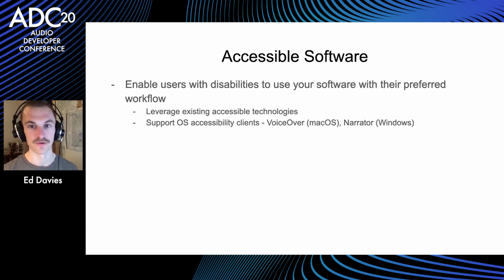They give audible feedback to help the user navigate, read out control UI properties, and interact with UI elements. So this is on macOS, the VoiceOver utility, and on Windows it's called Narrator. And in order to leverage these in our software, we need to expose some information about our app to these clients.